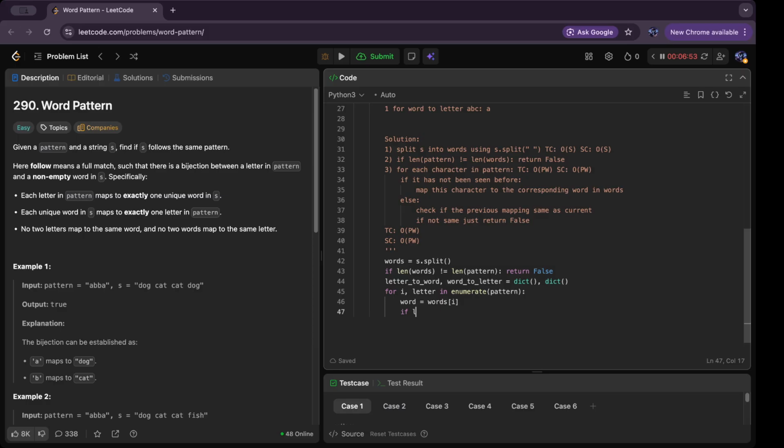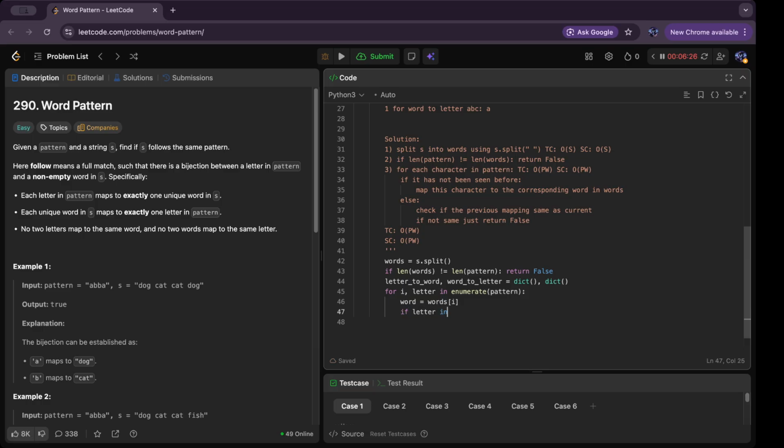So if letter in letter to word, letter might already be in.